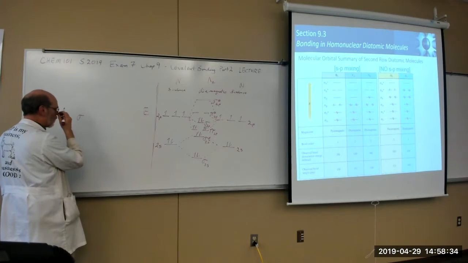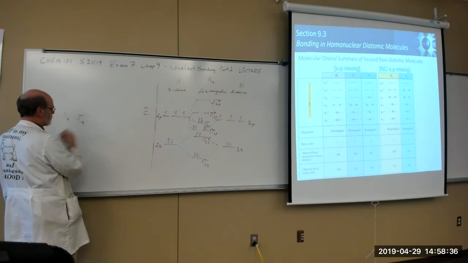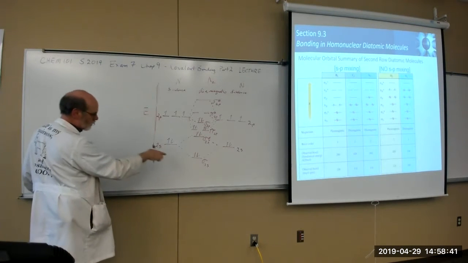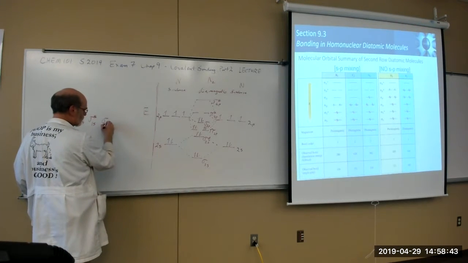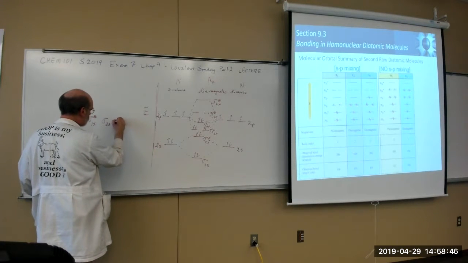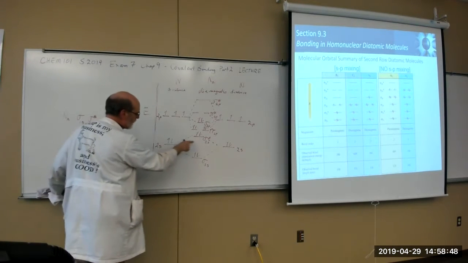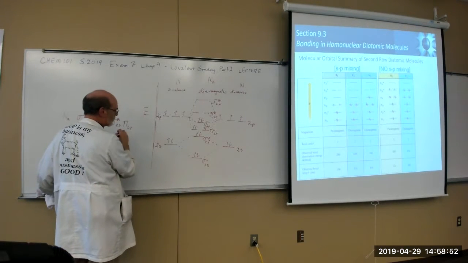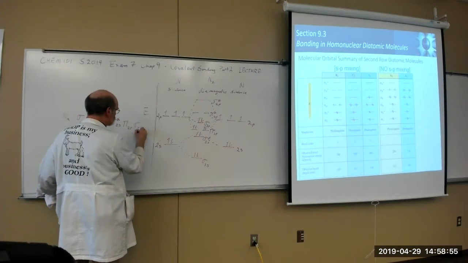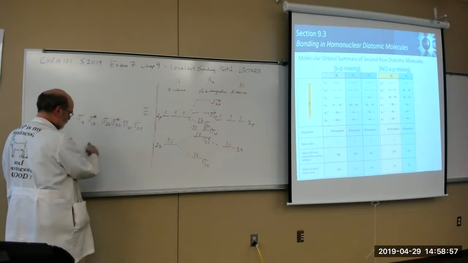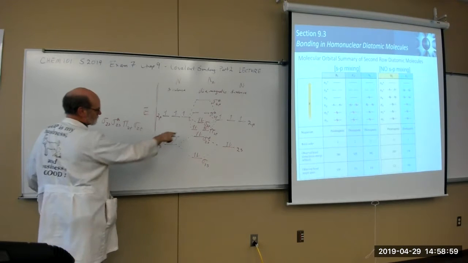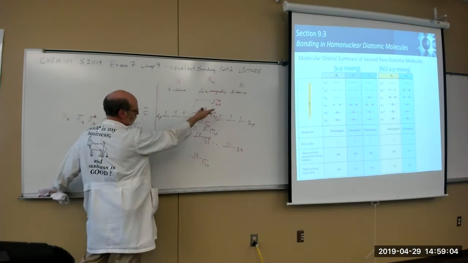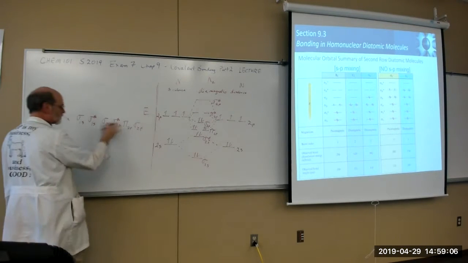The sigma orbital derived from the 1s and the sigma star derived from the 1s. Then we go to this one, sigma derived from the 2s, sigma star derived from the 2s. Then pi derived from the 2p, the sigma derived from the 2p. And I'm going to have to go down here. But we don't need any more, right? Because we've run out of electrons. So that's as far as you need to go.